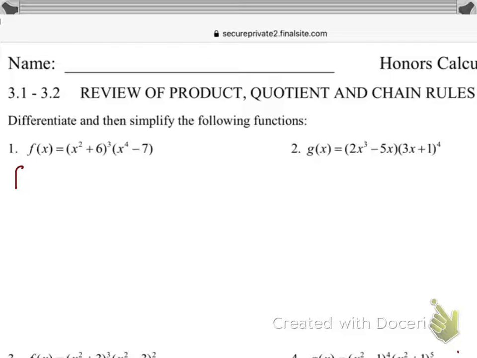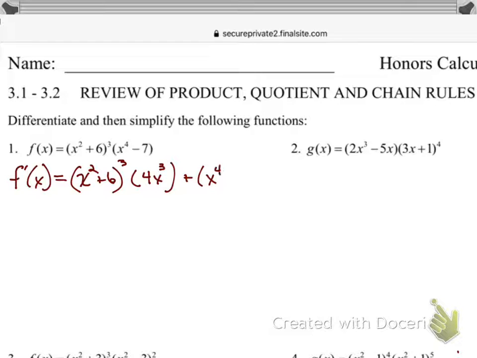So you start out saying, okay, f prime of x equals the left, just write it just as it is, d right. So d right is just going to be 4x cubed, and then plus right d left.